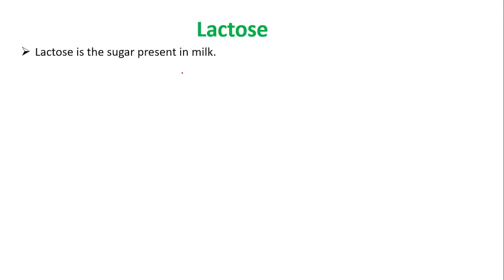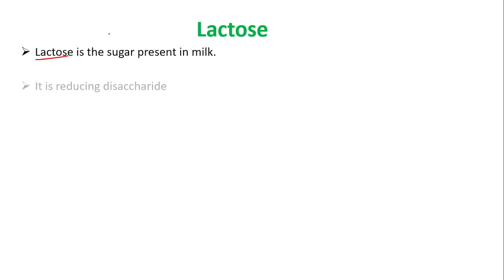Okay, we move. Now, let's quickly look at lactose. Lactose is a type of disaccharide which is found in milk, the same milk you take every day, because it contains what we are calling lactose.